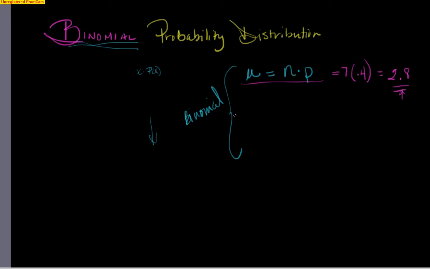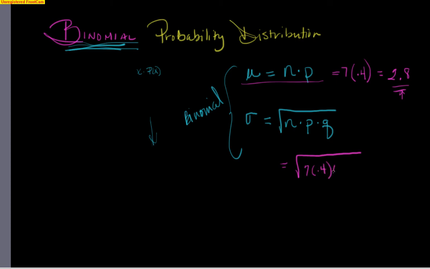All right, so nice and easy. You just have to remember that formula. And then how do we find the standard deviation? Well, the standard deviation for a binomial, just for a binomial, is equal to the square root of n times p times q. So for this problem, that's going to equal the square root of 7 times 0.4 times 0.6.